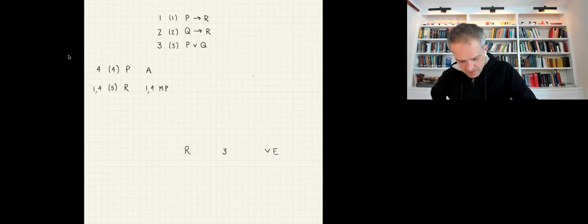So I'll start back now at line 6. Line 6, that's a supposition now of Q. And now line 7, again drawing the conclusion R. Now this is modus ponens from 6 and 2.